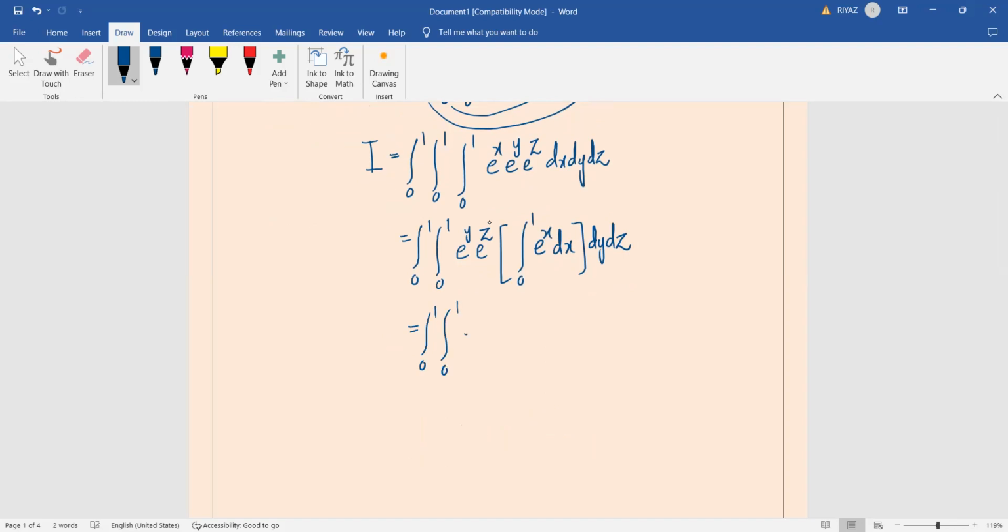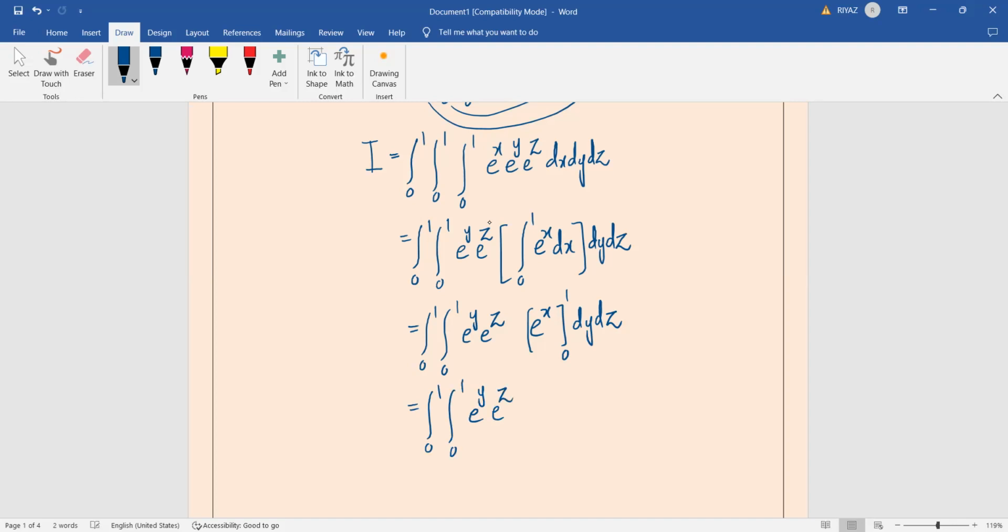e power y into e power z into e power x, integration is e power x itself, and the limits are from 0 to 1, and this dy and this dz must be as it is, which can also be written as integral 0 to 1, integral 0 to 1 e power y into e power z.